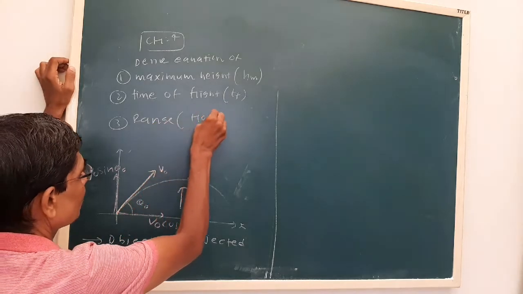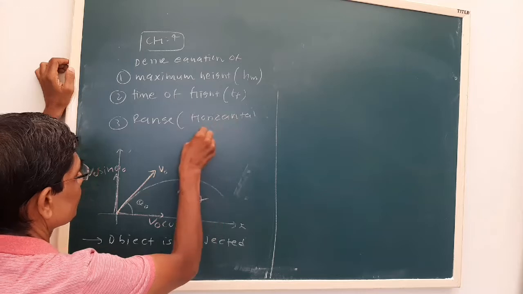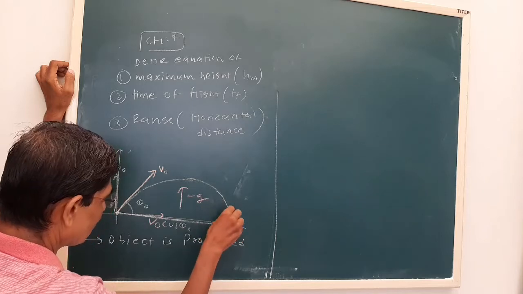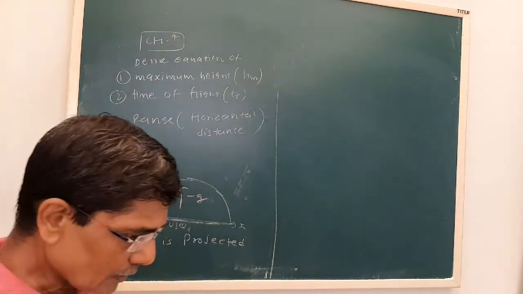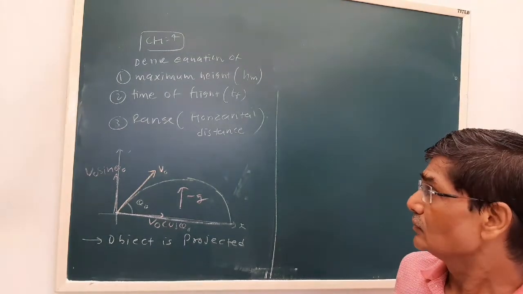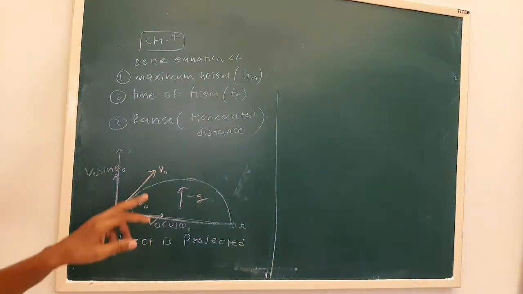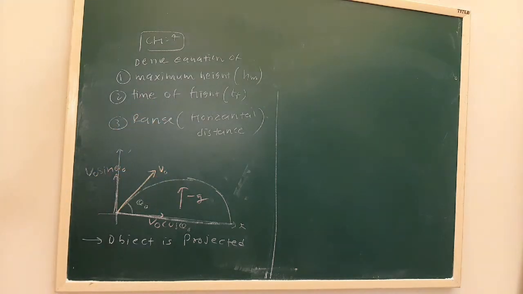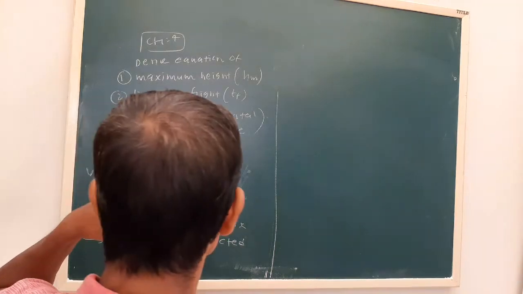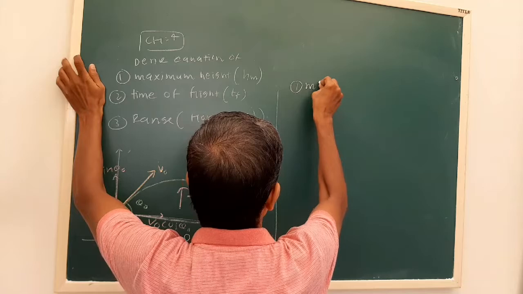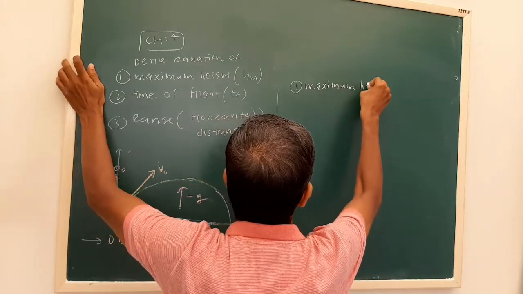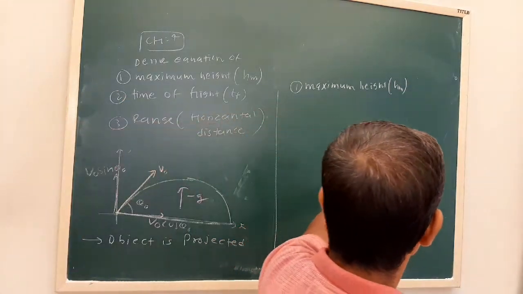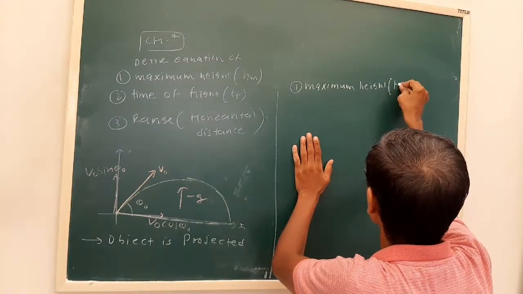Range is nothing but the horizontal distance. So the horizontal distance covered is called the range. First you have to derive the equation of maximum height, time of flight and range. Now first we have to derive the equation of maximum height. These are the terminology accepted in the textbook, so that's why we will use them.